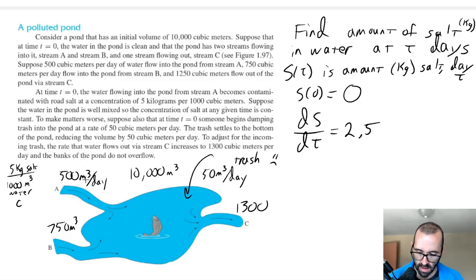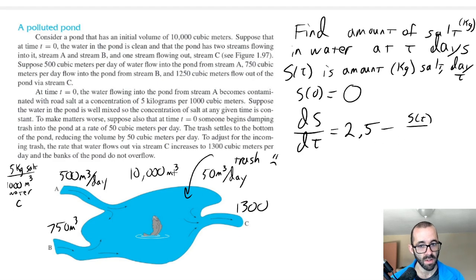All right. And then what about how much salt are we losing? Well, it depends, right? And what does it depend on? Well, it's how much salt do we have in the pond? What's the rate of flow? So it's, again, just going to be concentration times the amount. The concentration of the salt is going to be the amount of salt divided by the volume.